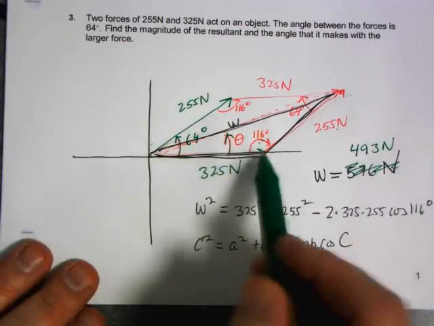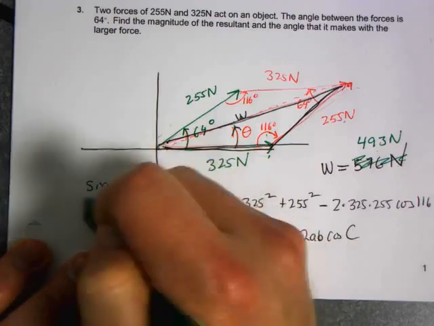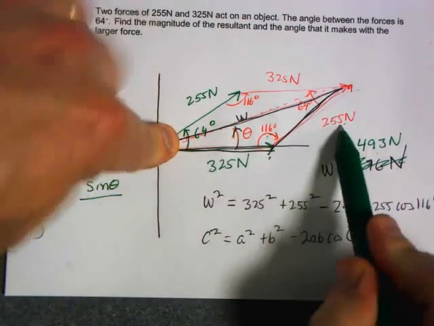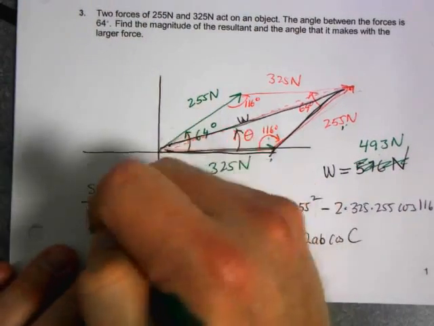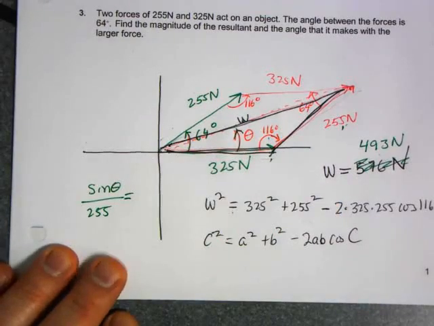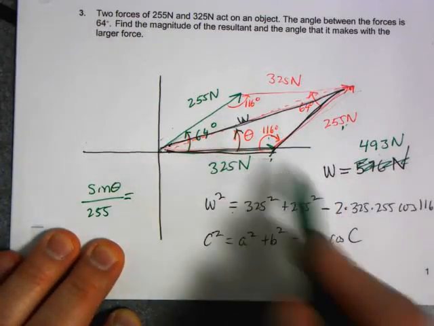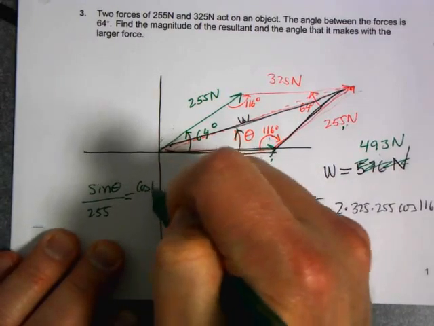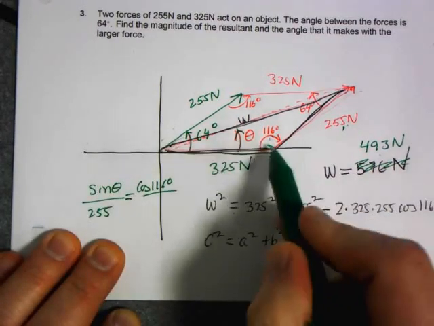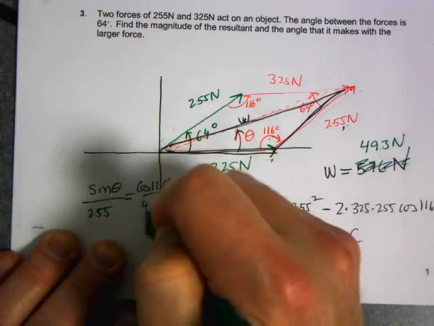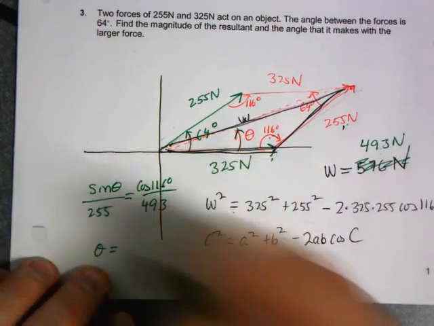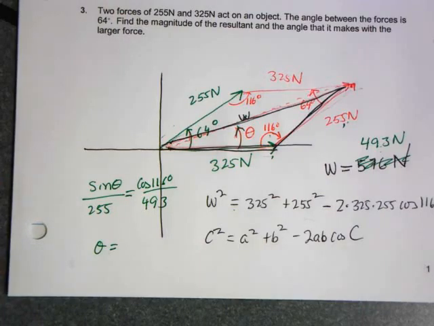All right, so we're going to have sine of this angle theta. Sine of theta divided by its opposite side, the 255, equals cosine of 116 degrees divided by this W that we just found, 493. So theta is, I take 255 times the cosine of 116 degrees, I divide that by 493, and then I do the... Wait, why are you using cosine?